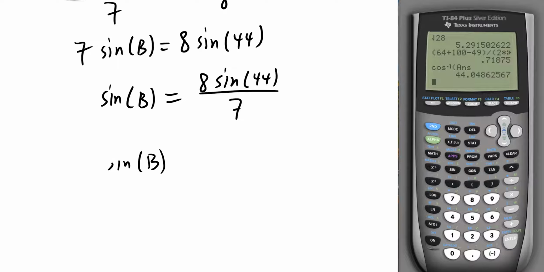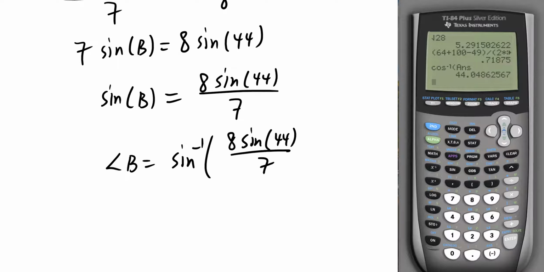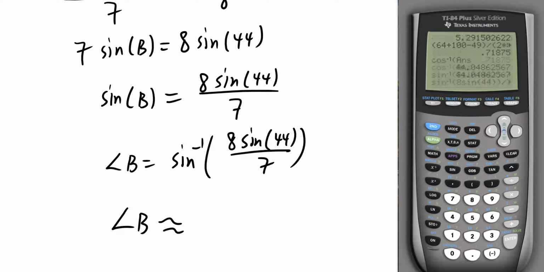Or what you like to do, if you like, you can find angle B is equal to sine inverse of this whole quantity, 8 sine 44 divided by 7. So angle B is about, let's see, sine inverse of 8 sine 44, close the parentheses, divided by 7, close the other parentheses.